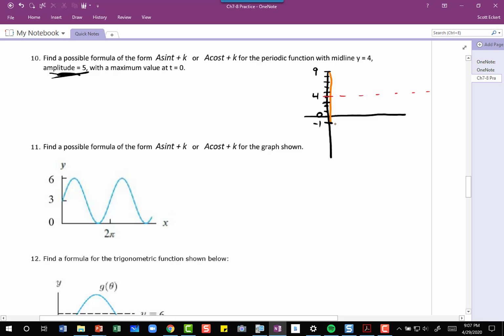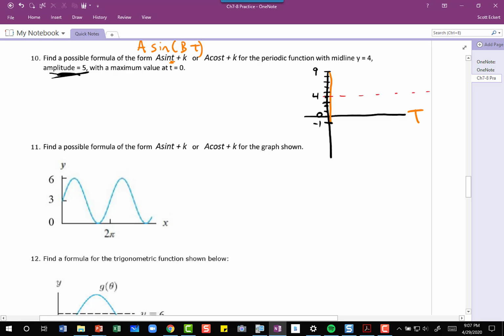Now, what about the period? The way the equation is constructed, we have t here. That's our variable. So our axis is not the x-axis, it's the t-axis. And we do not have a coefficient. It's not saying sine of b times t.